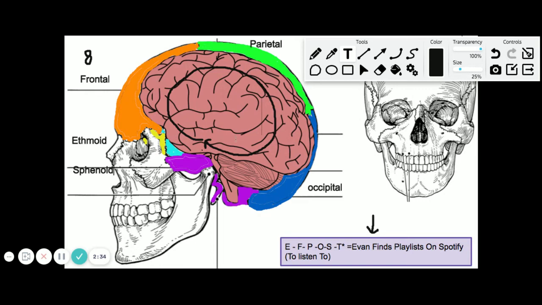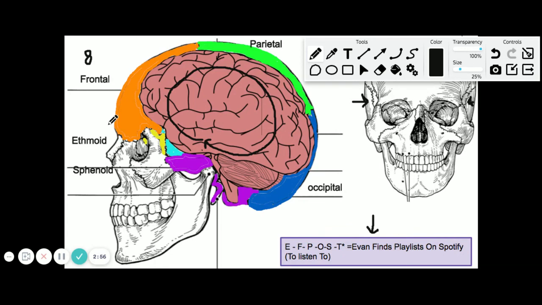And so our mnemonic is Evan finds playlists on Spotify, and then to listen to refers to this purple fragment, and that is the temporal bone, which we'll see in the next diagram or on your diagram at home, really is this side of the skull. So we're talking about these 2 bones here on the side, conveniently placed kind of like earmuffs, right?